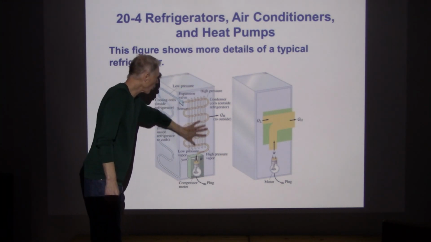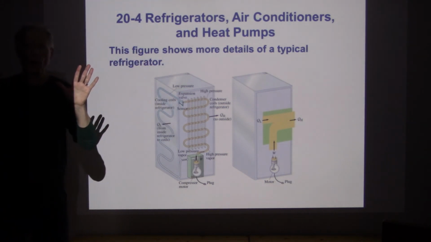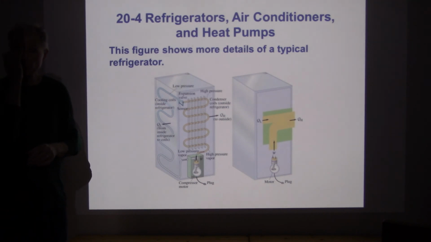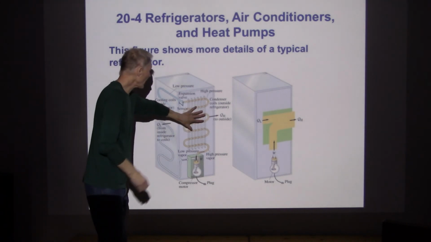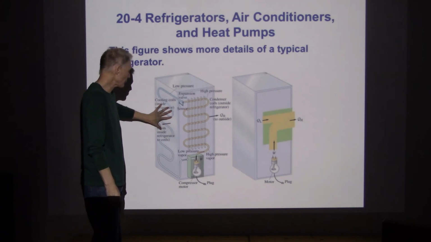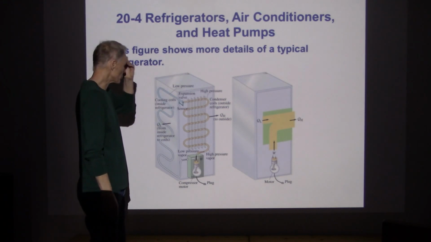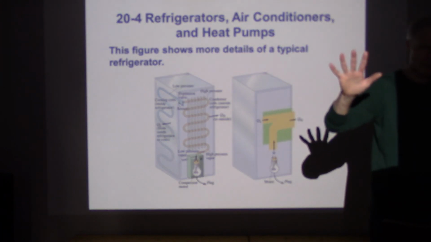These coils on the outside of the refrigerator are hot, right? If you've touched a refrigerator, or seen one that just has coils on it, you know that these are at high temperature, and the pipes running through the center are at low temperature. So by running this compressor, we generate a high temperature region and a low temperature region.